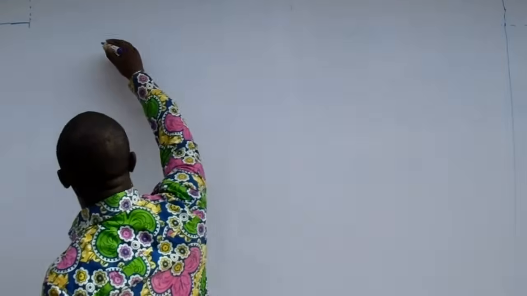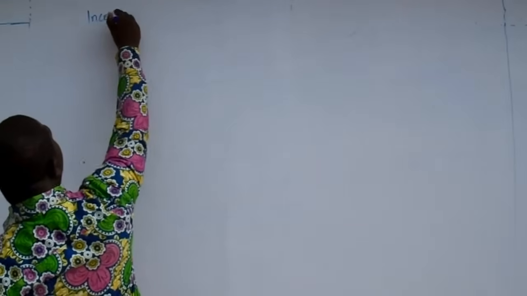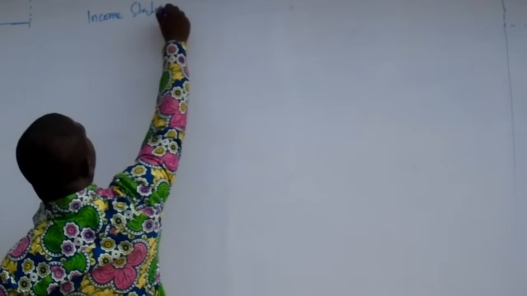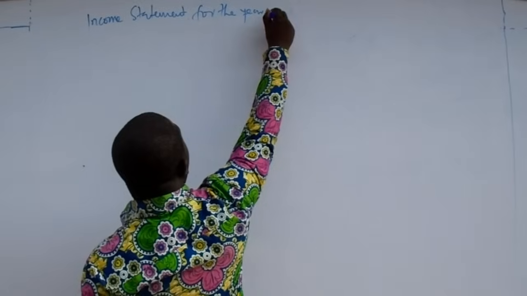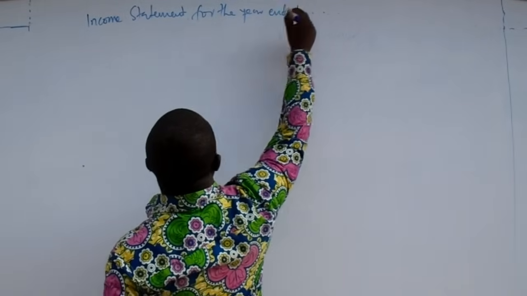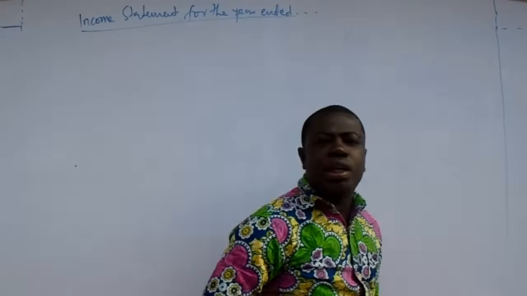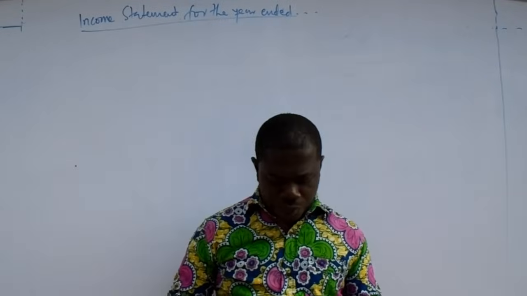Alright, so we are going to look at the format of the income statement. Remember that I told you that the income statement has 2 components, the trading account component and the profit and loss account component. And so we are going to take them one by one. We begin by writing: Income statement for the year ended, and then you bring the year of preparation of the account.